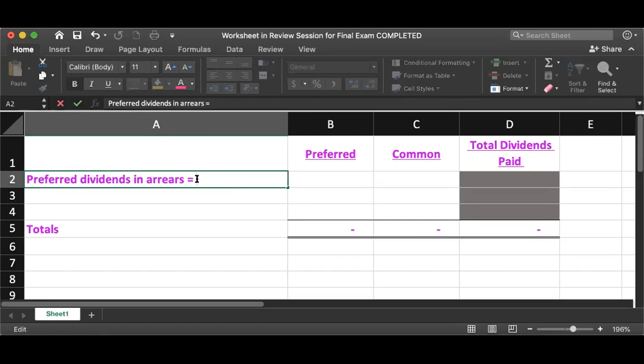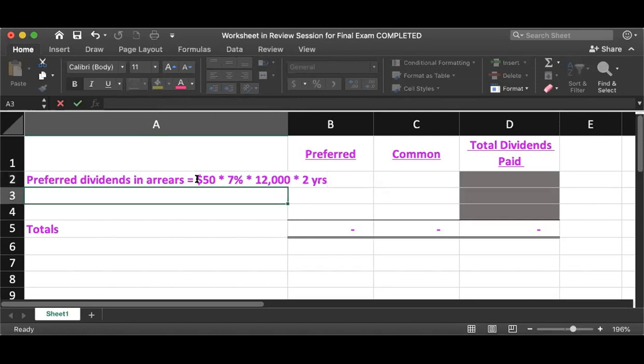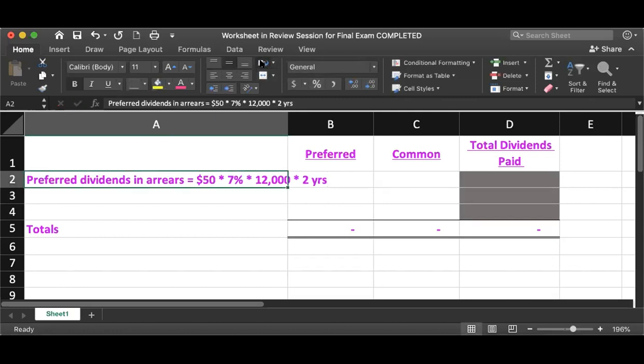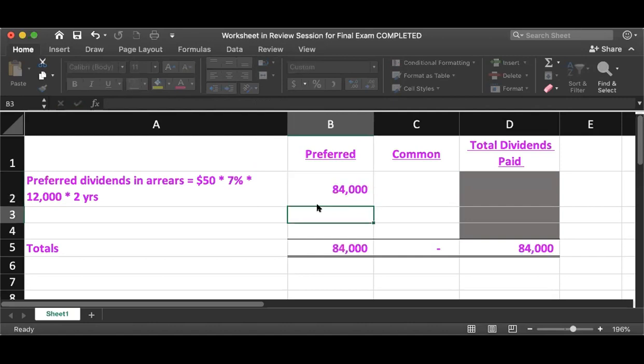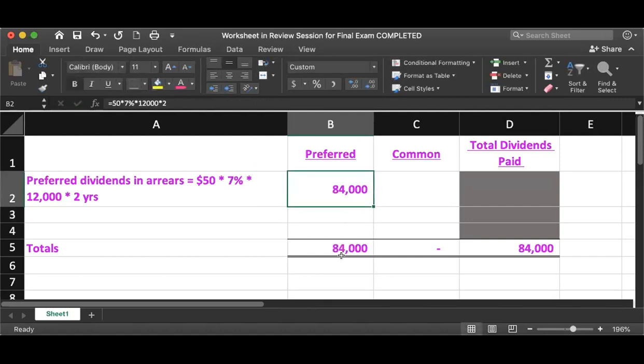So that is $50 times 7% times 12,000 shares times 2 years. So that's $84,000.